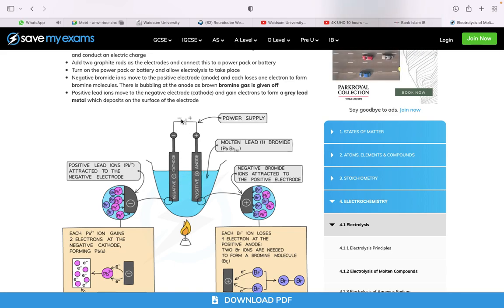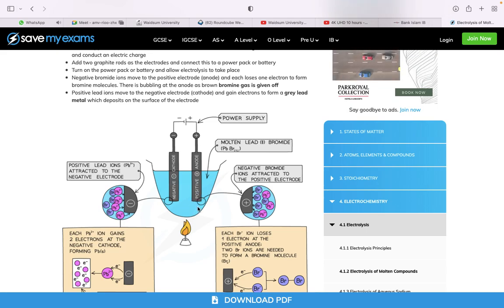The one that charge flows into is the anode. The one that electrons flow into is the cathode. When they flow into this, it will dissociate the molten lead bromide into ions: lead Pb 2 plus ions and bromide Br minus ions.